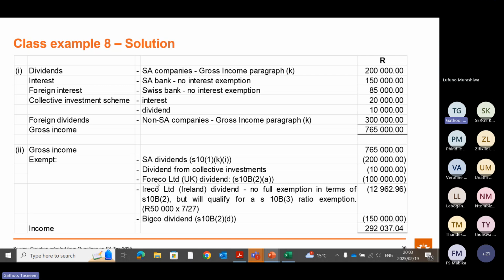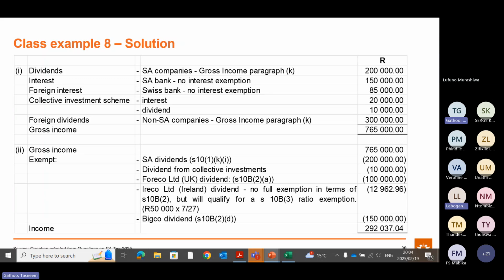Foreign dividends are exempt in terms of Section 10 Cap B. In terms of Section 10 Cap B, you first need to apply the provisions of Section 10 Cap B2. Section 10 Cap B2 has specific rules to say that if the dividend comes from specific categories, then it will be fully exempt.